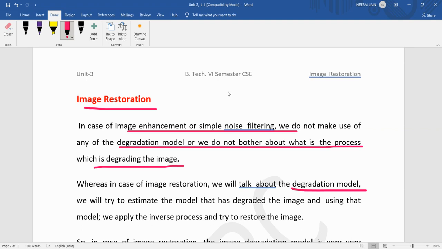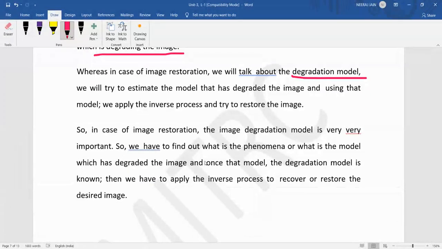In image enhancement, we only apply the filtering and don't worry about the degradation model. But in restoration, we are worried about the degradation and establish the degradation model, and by inverse process we get the image. In image restoration, the image degradation model is very important.